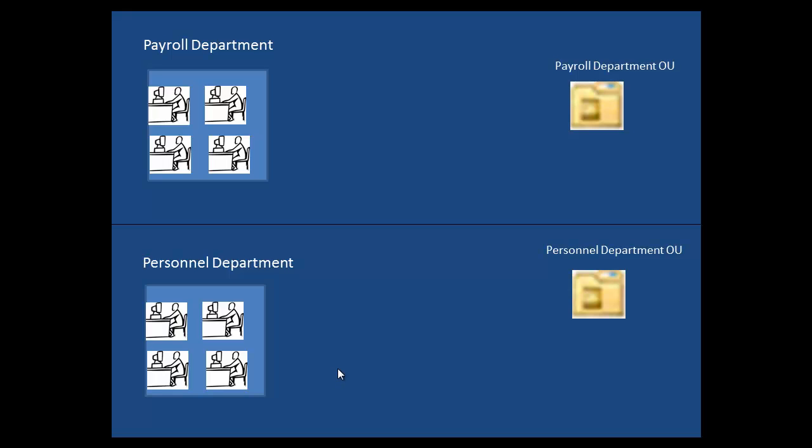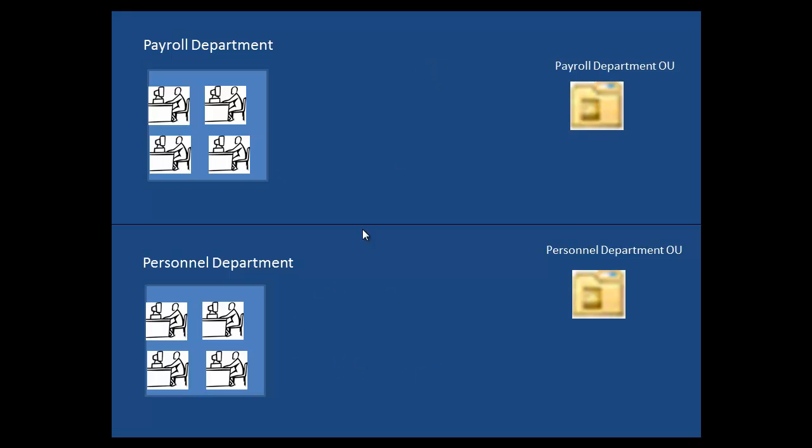What we want to do is apply a security template to computers in the payroll department. Then we want to apply a different set of security definitions, which would be a security template, to the personnel department.